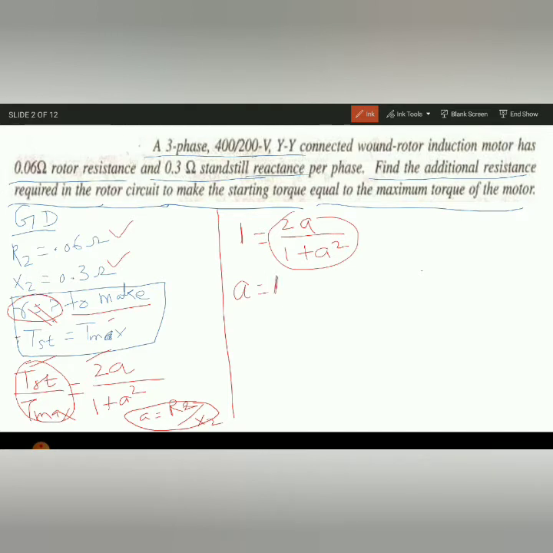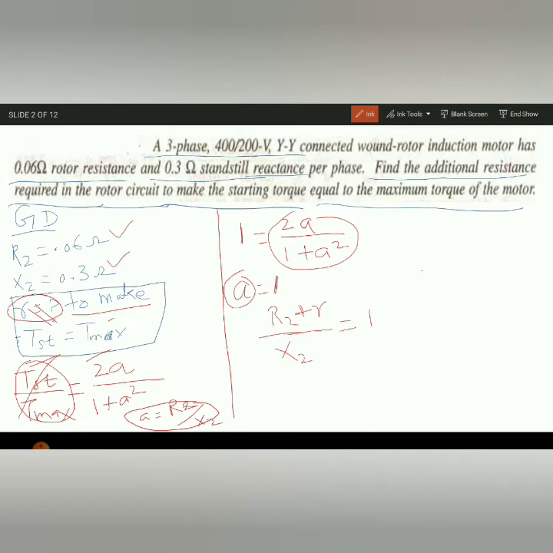And the formula for a is R2 by X2, which is equal to 1. This condition will occur, Tst equal to Tmax, only when you add an extra resistance to the rotor resistance.